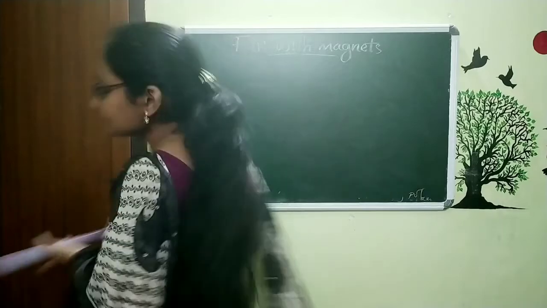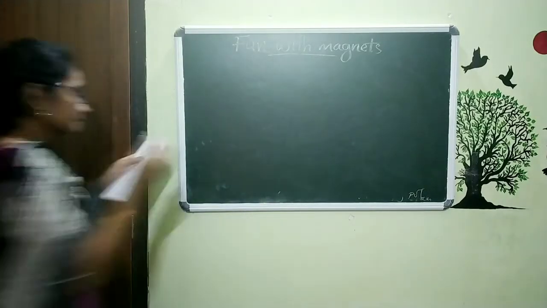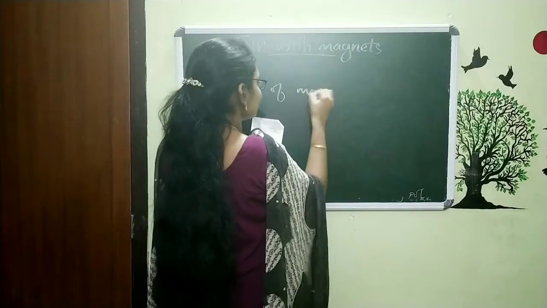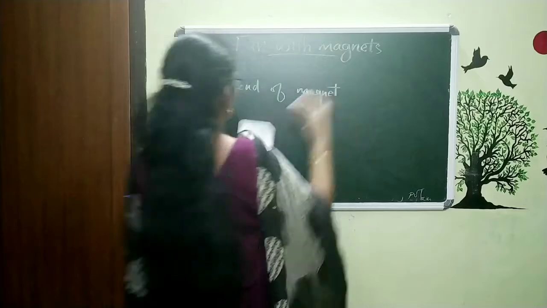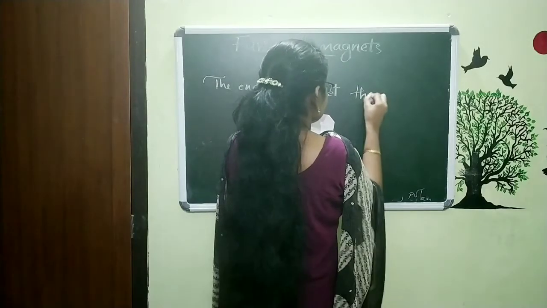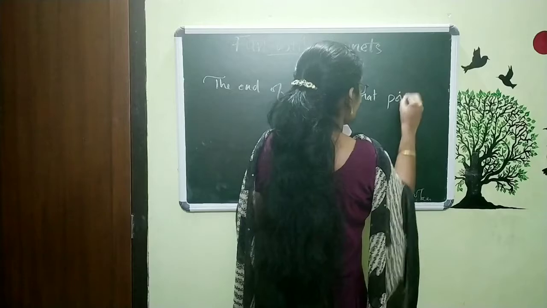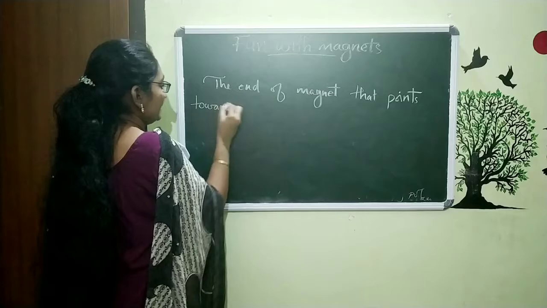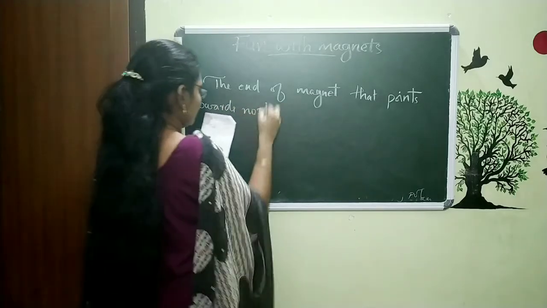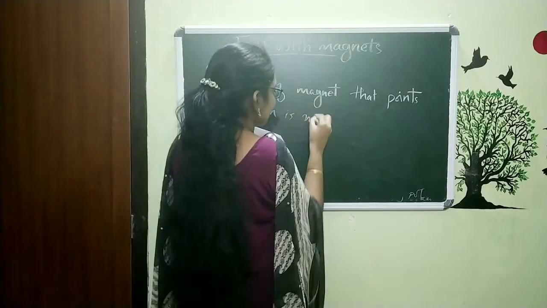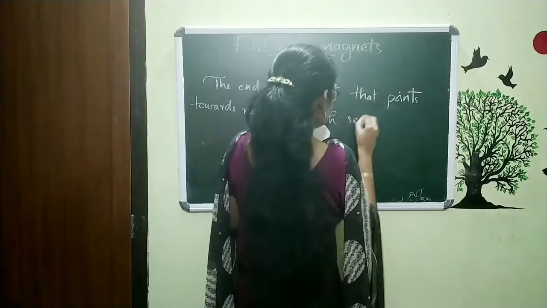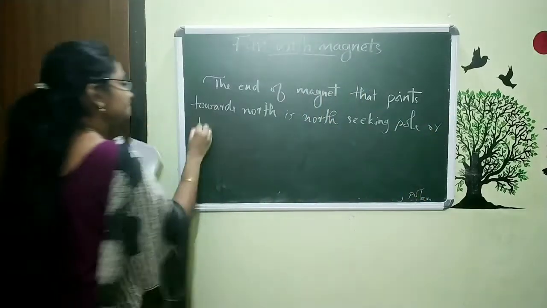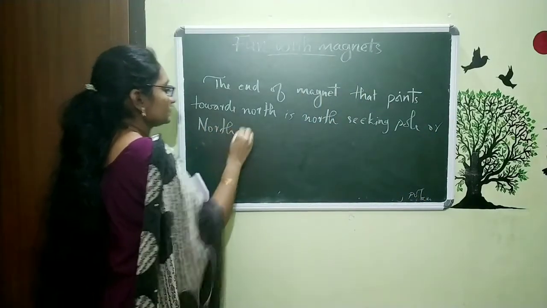So I can define this north pole and south pole like this. The end of the magnet that points towards north is the north seeking pole or north pole.